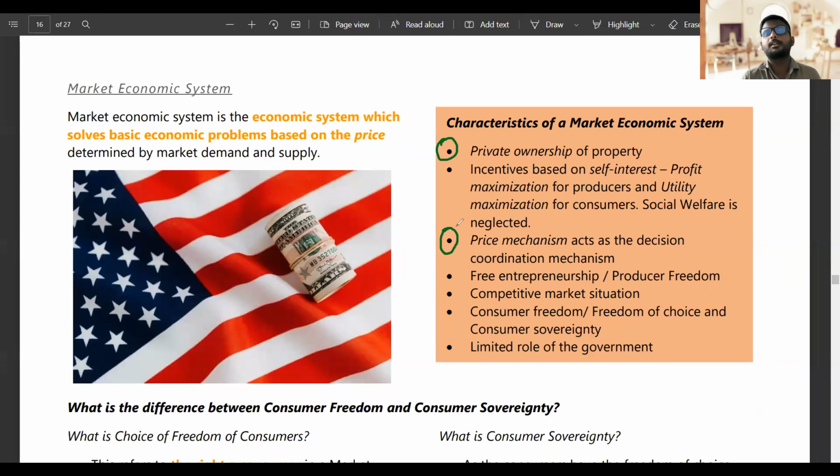Commonly, this is what we have in the syllabus. And generally in a country, if you see private ownership, price mechanism will be the decision coordinating mechanism.